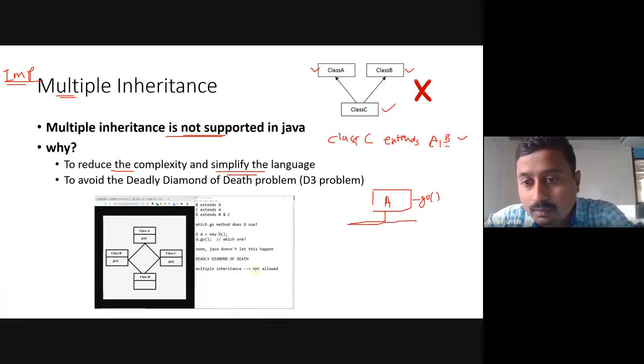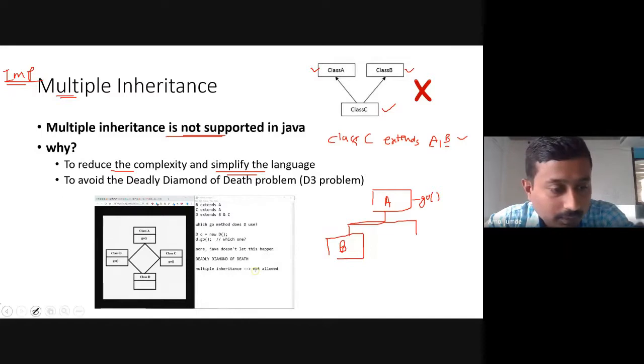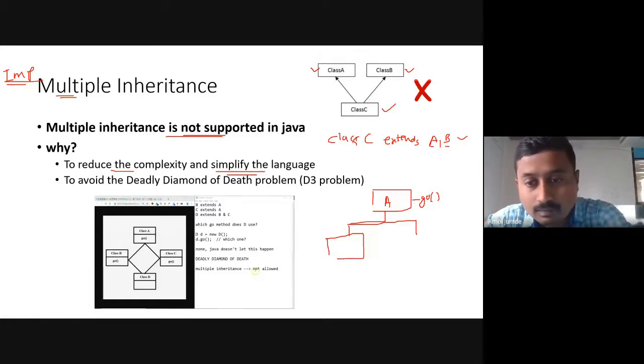Now we have this inheritance, B. This is fine, right? This is single inheritance. Then there is another class C. Up to this point, is it allowed?